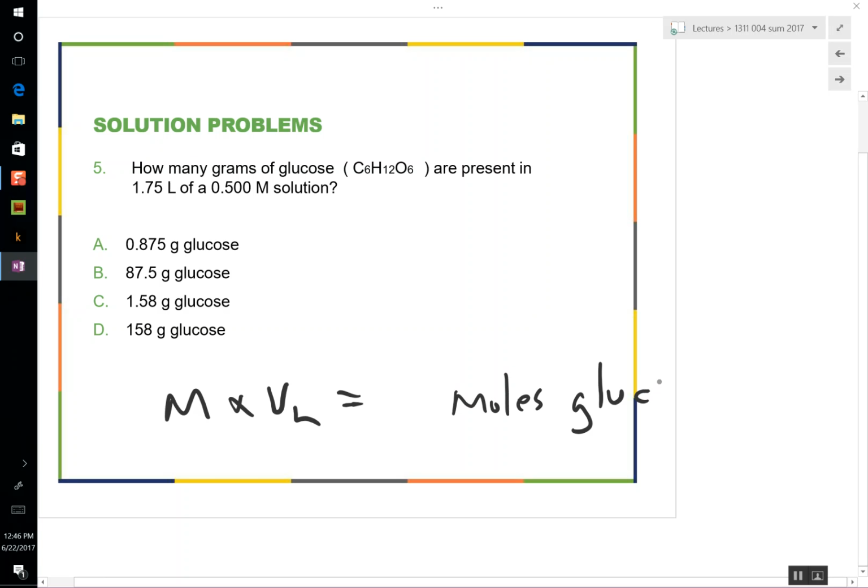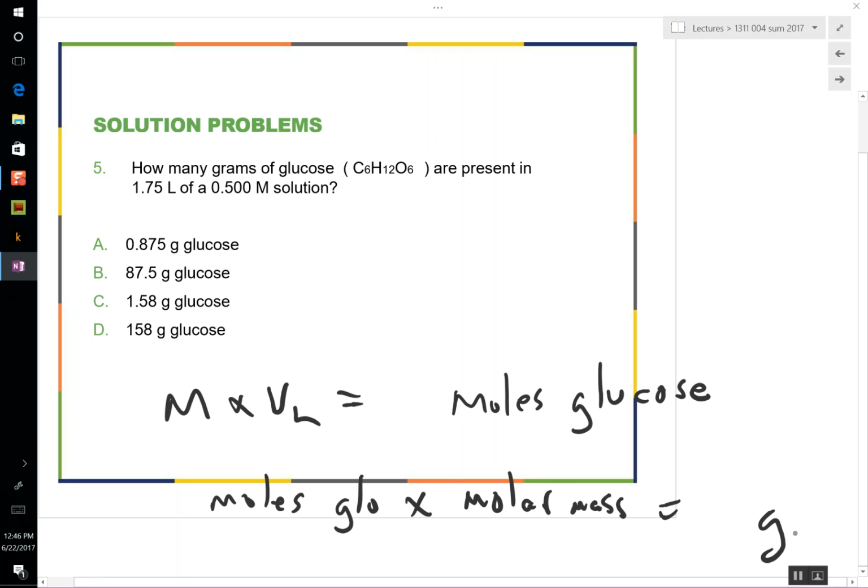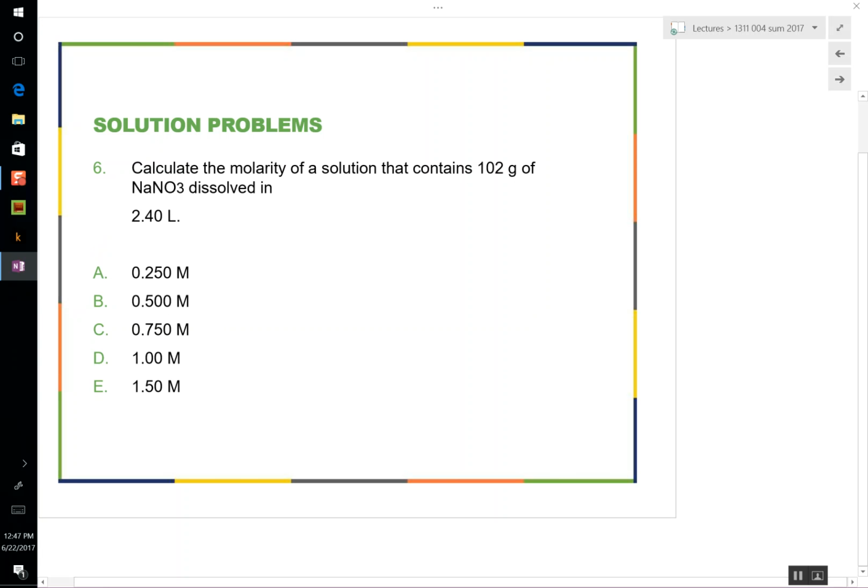All right, so this is really the same thing. So then you take the moles times its molar mass, and you'd get grams. The molar mass is going to be grams of glucose per mole of glucose. I won't do that one, but that's how you do it.